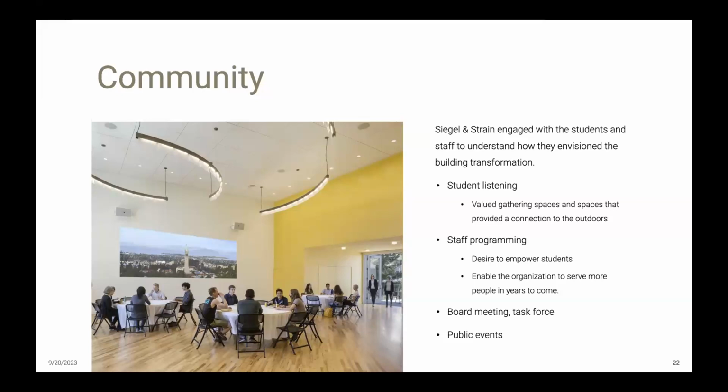We also held meetings with staff who wanted the renovation to provide safe, comfortable, and flexible spaces for all students and enable the organization to serve more people in future years. We also considered how the building could extend beyond UC Berkeley and serve the larger Bay Area Jewish community by occasionally opening the space up for private events. Next.